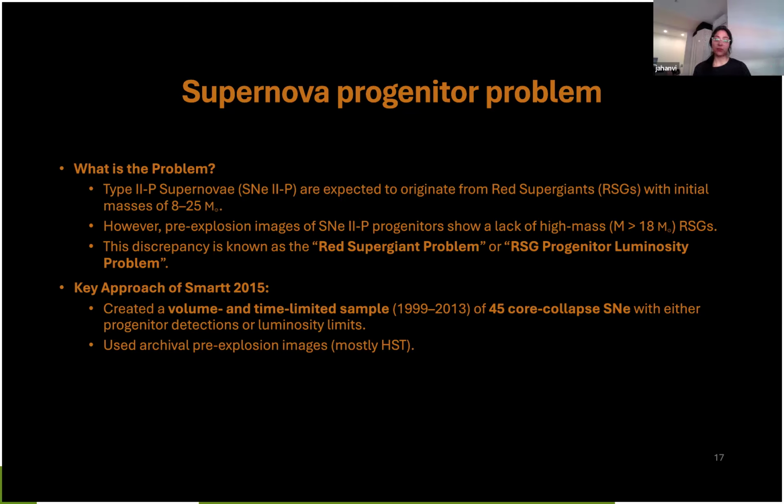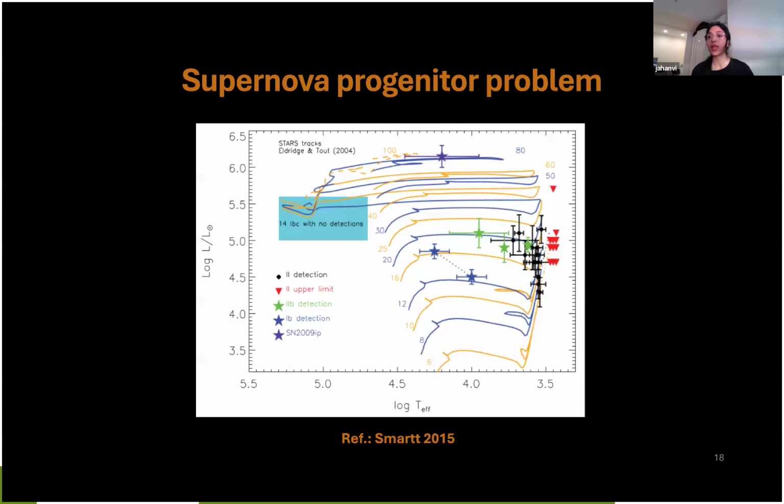So this problem was approached by Smartt in 2015. What he did, he created a volume and time limited sample of 45 core collapse supernovae, and he used the archival pre-explosion images, mostly from the Hubble Space Telescope. This is the plot that he used to describe this problem. What we see here is the effective temperature and the luminosity.